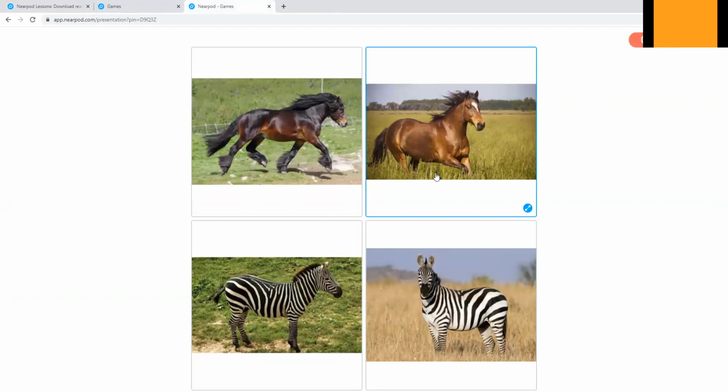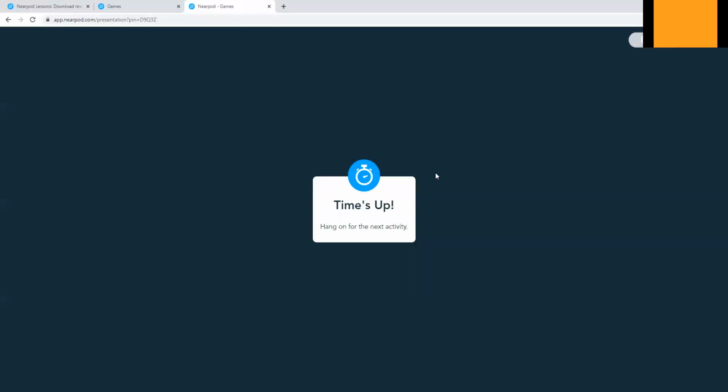In this slide, the students need to know which is the horse and which is the zebra. Horse and zebra have a similar physique, but ultimately they are different from each other.